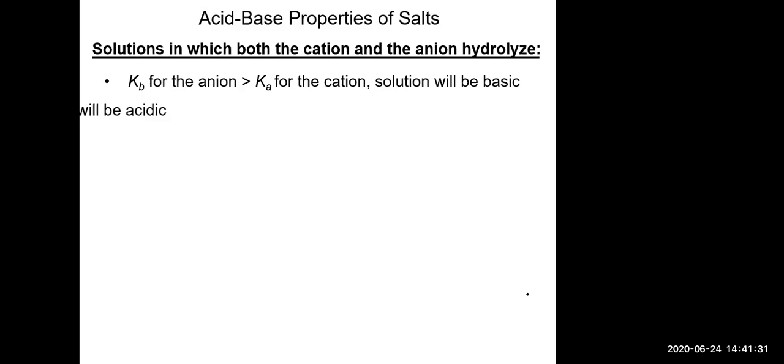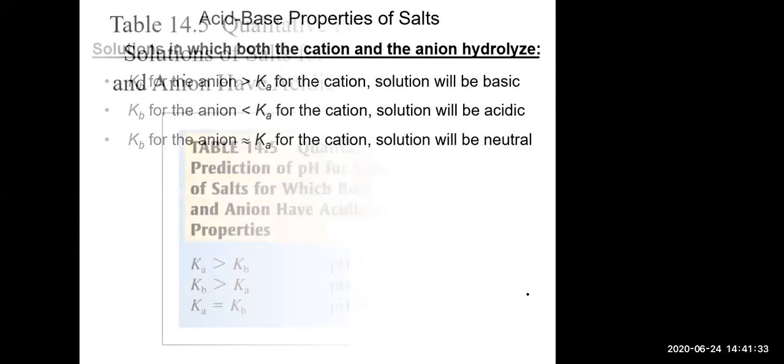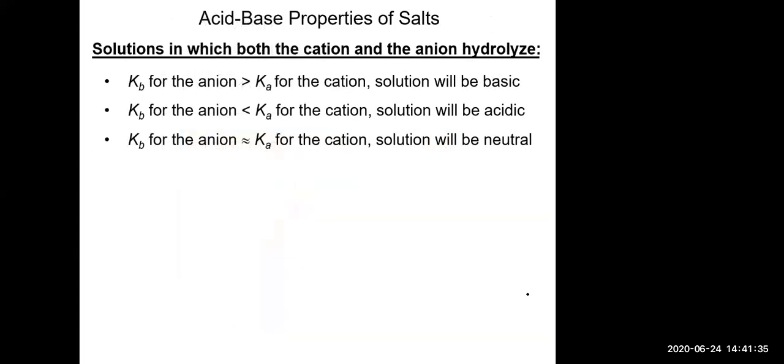Now, up until this point, the calculations that we have done involve really only one part of the salt going through hydrolysis. So for example, either CN minus or the NH4 plus part, but not both parts. And it is potentially possible to have a salt where both parts can go through a hydrolysis reaction.